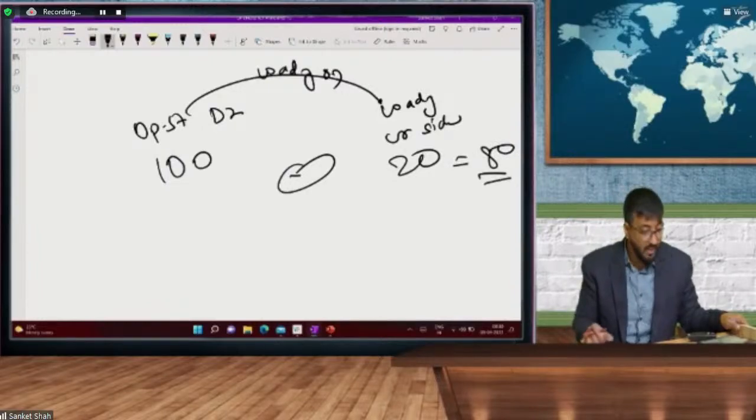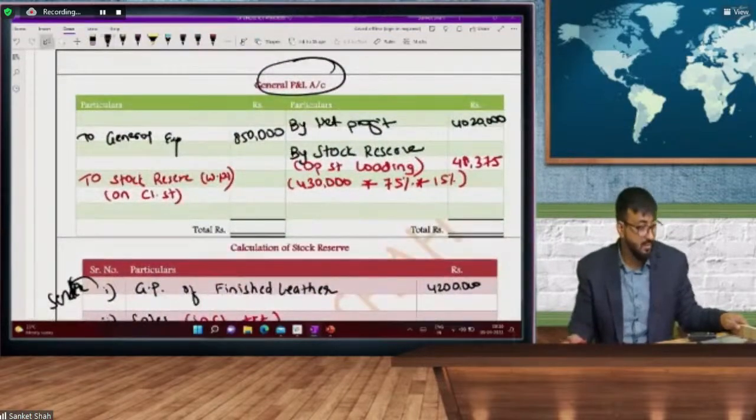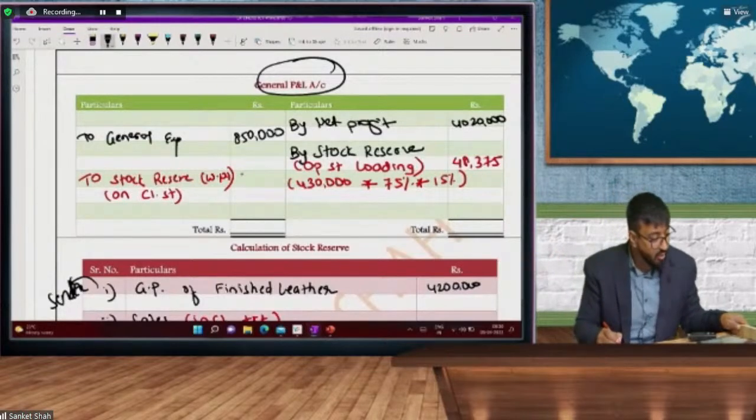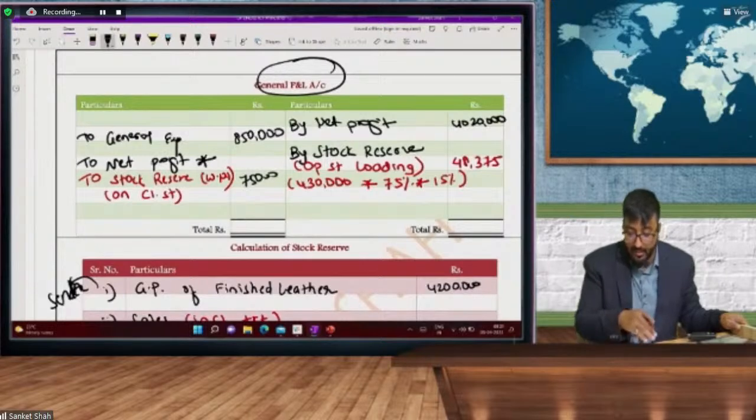Got the concept? Closing stock loading is on debit side. It's very simple. Opening loading on credit side, closing stock loading on debit side. What is the calculation? 75,000. And now net profit. Calculate net profit; it's a balancing figure.